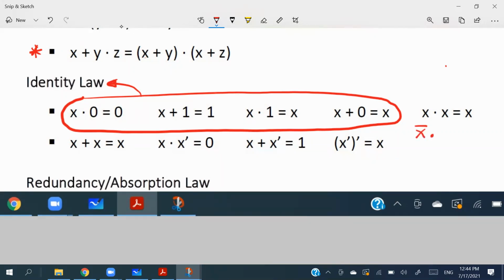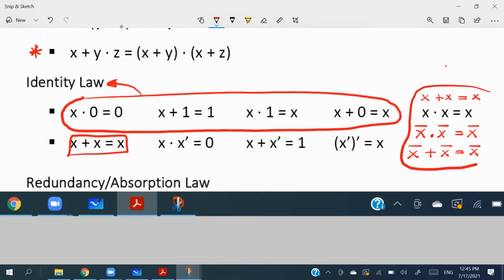X bar dot x bar equals x bar. X bar plus x bar equals x bar. I'll take this law onto the top of this. X plus x equals x. Now look at this.